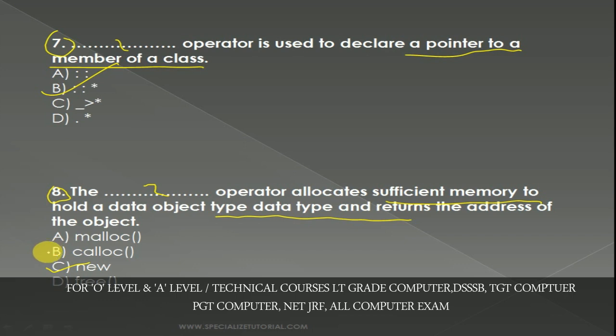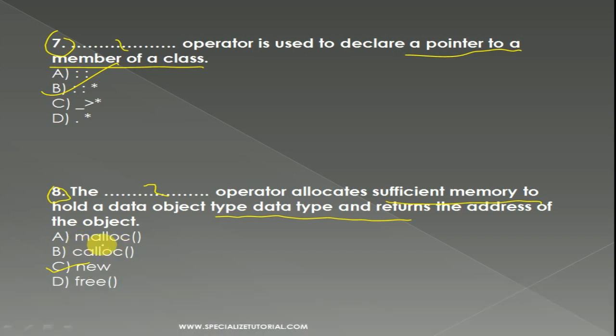Now one thing, malloc. What is malloc? Here they have also given malloc and calloc, so I am just defining what malloc is. Malloc is a function used to allocate memory blocks.